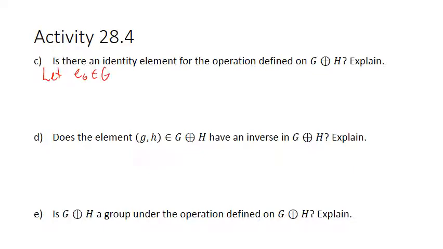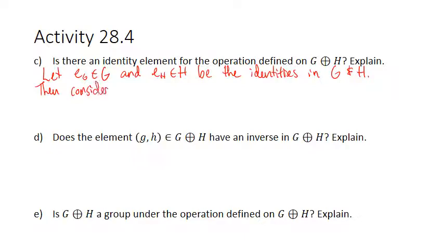So we're going to let e_G be the identity element of G, and the one for H we'll call e_H, be the identities in G and H. Okay, then consider this pair.